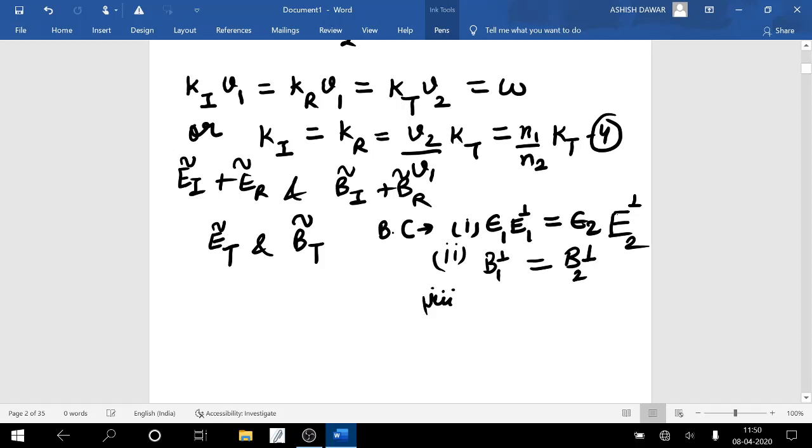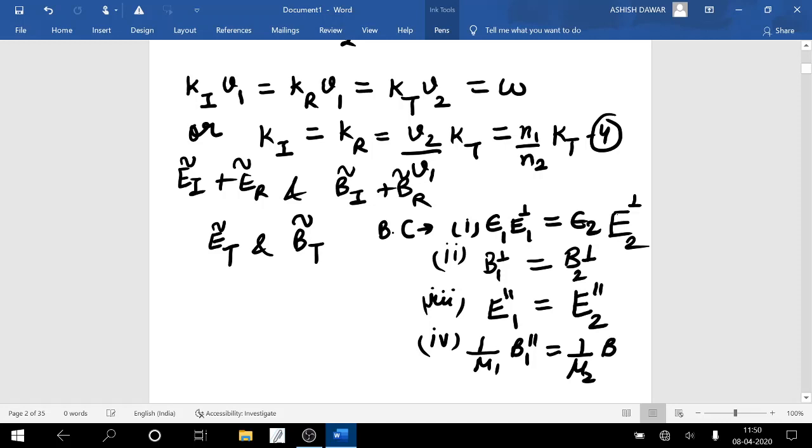The third one is E parallel 1 equals E parallel 2. The fourth one is 1 upon mu 1 B1 parallel equals 1 upon mu 2 B2 parallel.